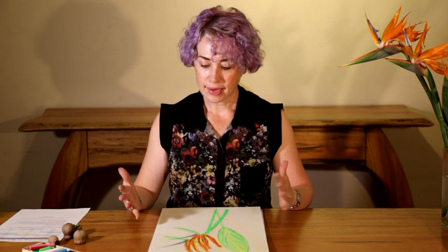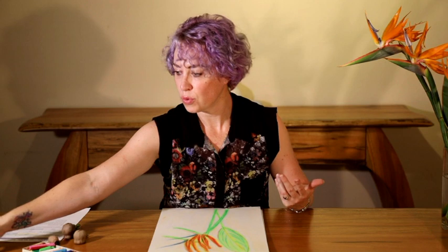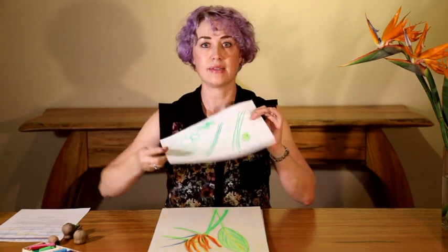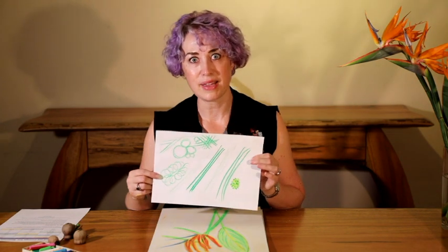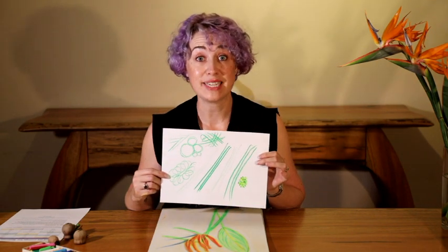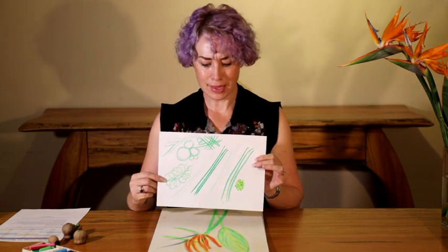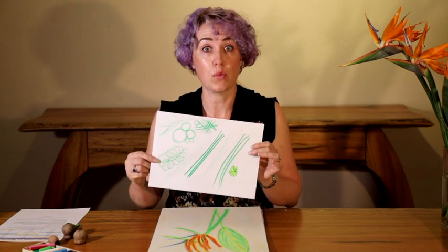So extending my line, blurring the line, that is all still a part of mark making, and playing around with that. And as I said before, you may only get to this stage, and that's okay, because you're playing with your drawing medium, and that's great. That is in itself rewarding.